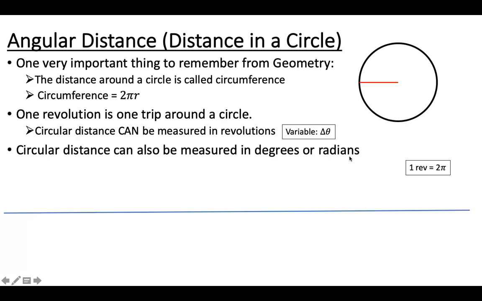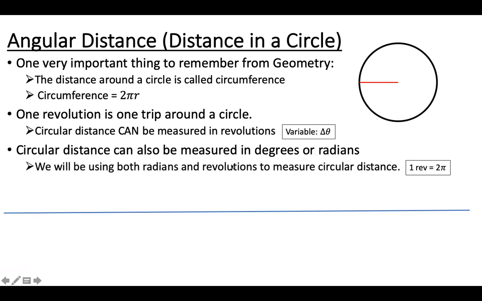When it comes to all this motion going in a circle, degrees is not very convenient, so we'll never use that. We'll be using both revolutions and radians. So we will measure them two ways, it's basically just like using meters or feet, right? Just measuring the same thing with two different units, radians and revolutions.